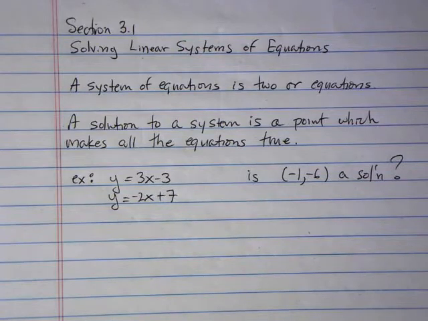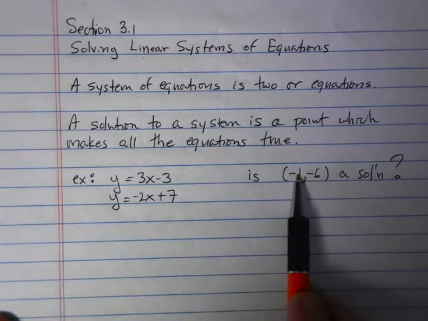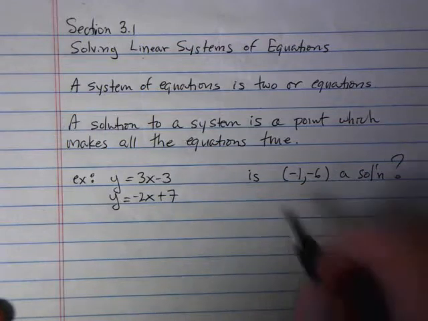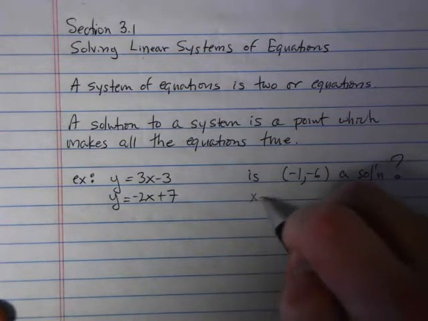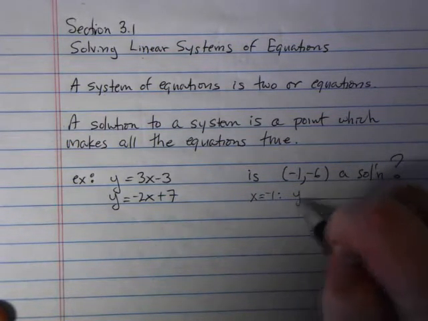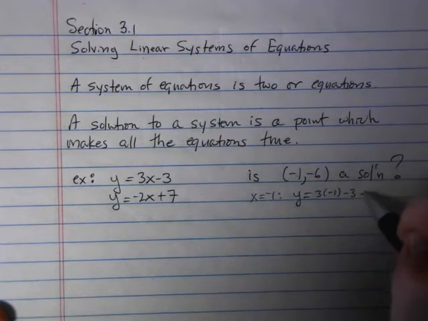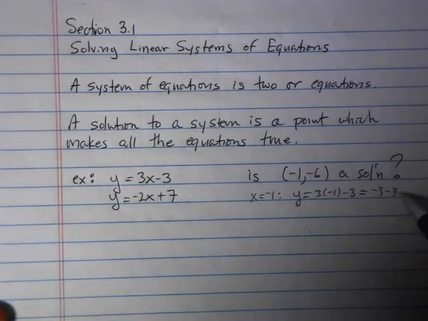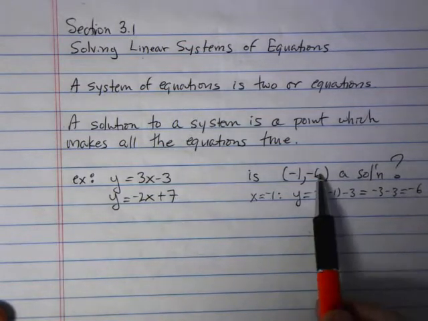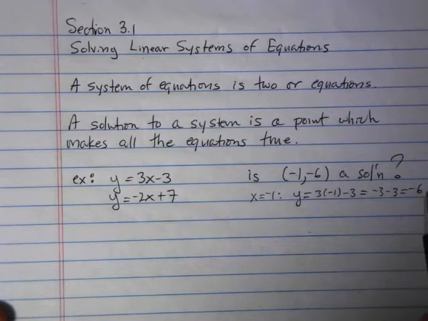Well, the way you would tell is you would take x equals -1 and plug it into the first equation. So if I plug in x equals -1, I get y equals 3 times -1 minus 3. That's minus 3 minus 3. That's minus 6. So that seems good. It works in the first equation.